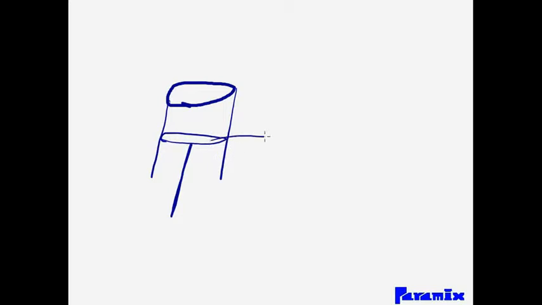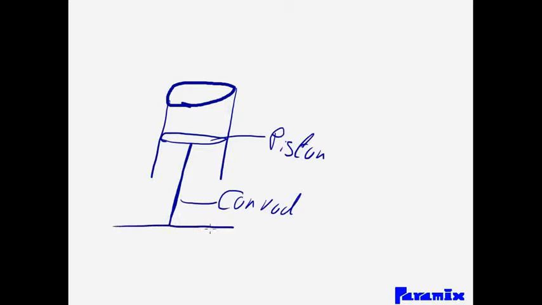That's a piston. That's the con rod of the piston, or connecting rod. And that rod is attached, I'm just going to do it very simply here, to the crankshaft.